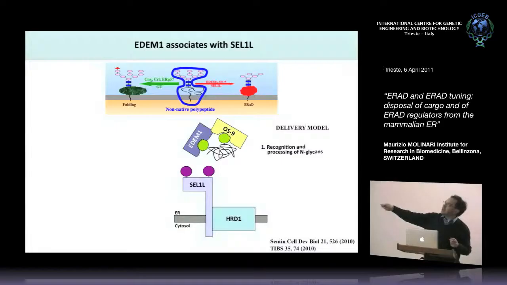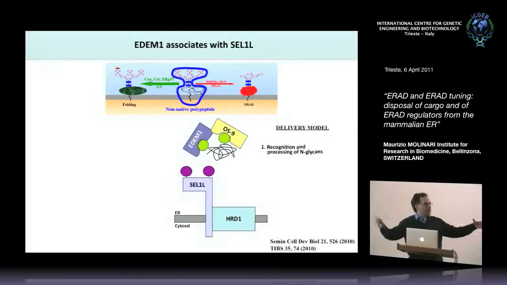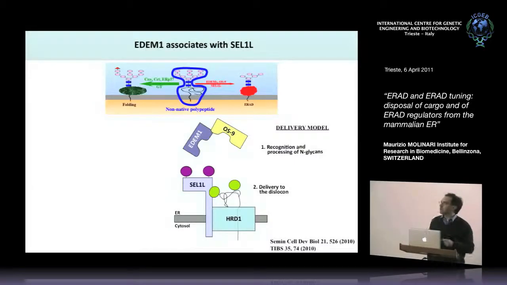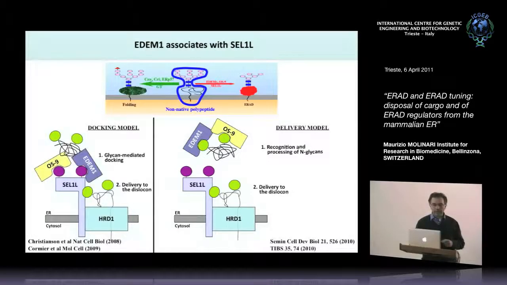And then the misfolded protein is transported to a channel in the membrane of the endoplasmic reticulum. This channel is a complex of many proteins. It's called the dislocon, because it serves to dislocate the misfolded protein into the cytosol. And here there is the proteasome that will eat the misfolded protein that has been injected into the cytosol. So this is the historical model.